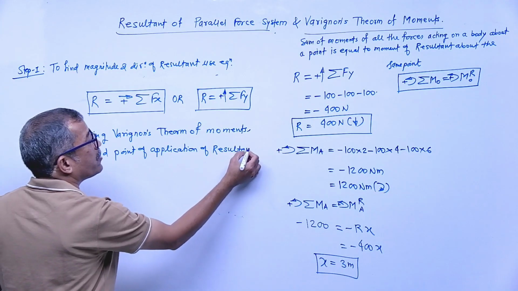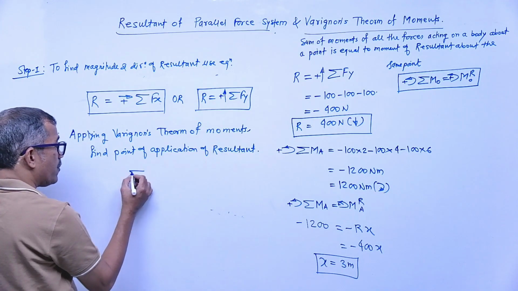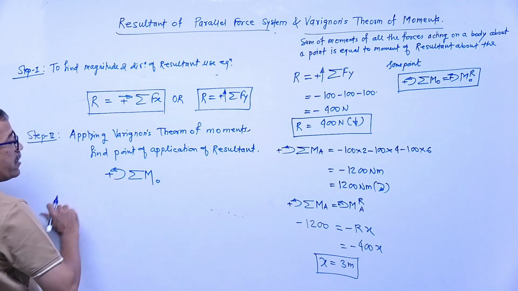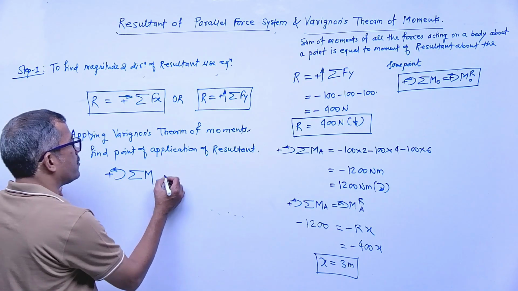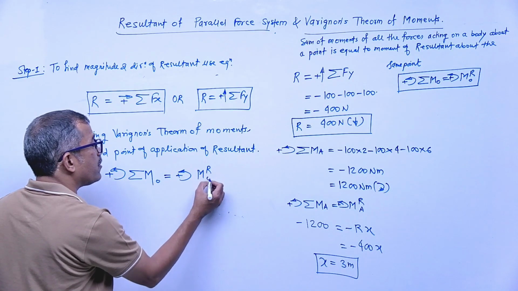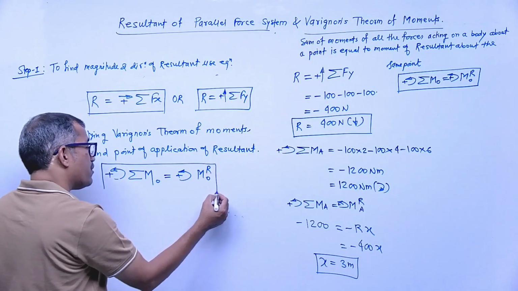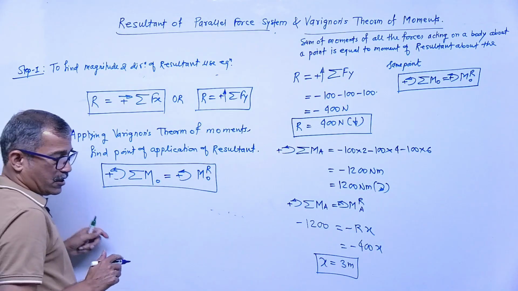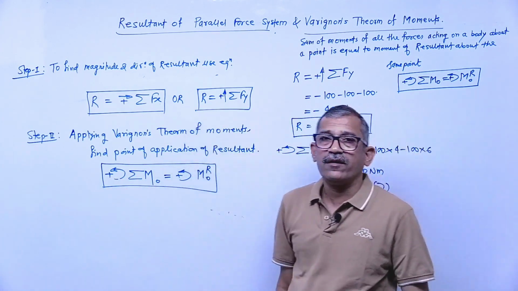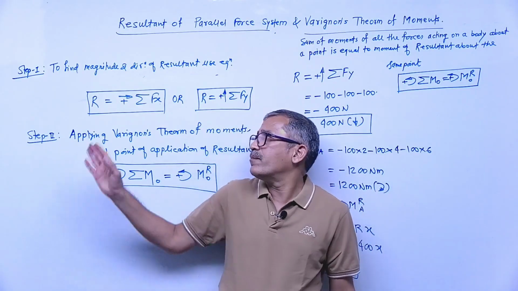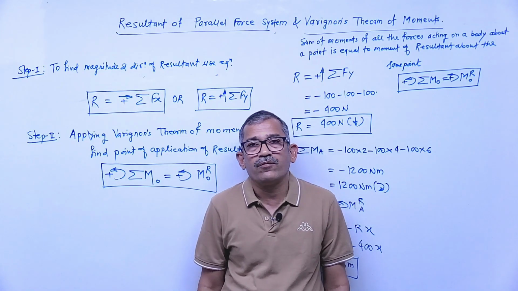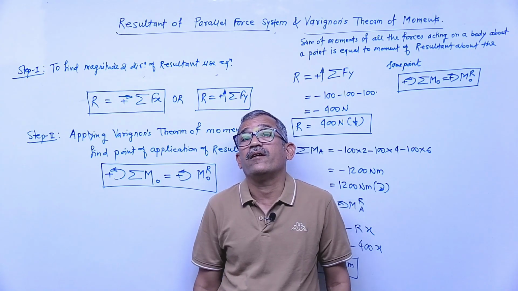We can write it as an equation: the sum of moments of all forces about any point, taking anticlockwise moments positive, equals the moment of resultant about the same point. This is your Varignon's theorem in equation form. That means to find the point of application of resultant, use Varignon's theorem, and to find the magnitude and direction of resultant, use R equals the summation of Fx or the summation of Fy. Using these we get the resultant of a parallel force system.